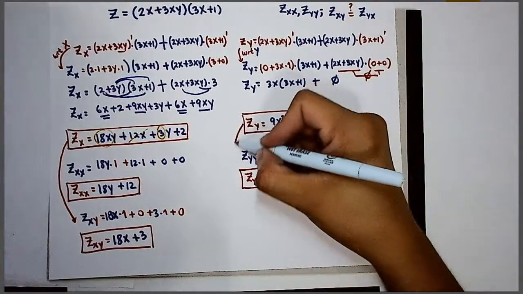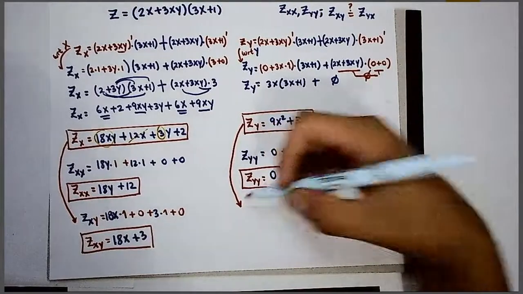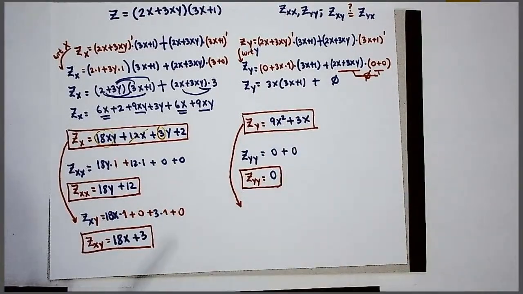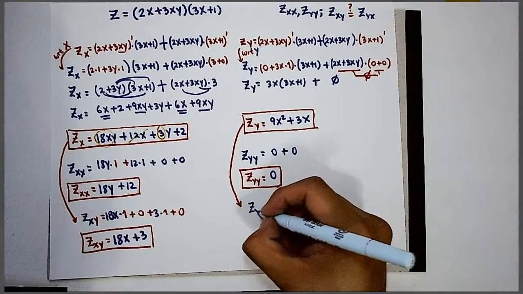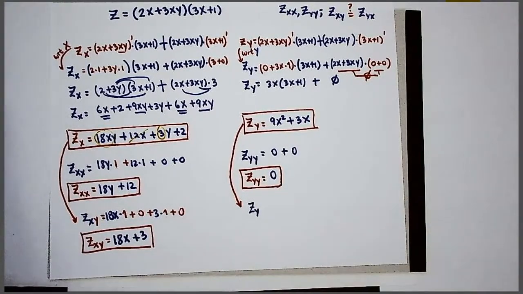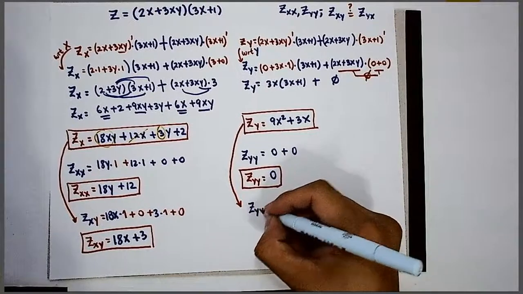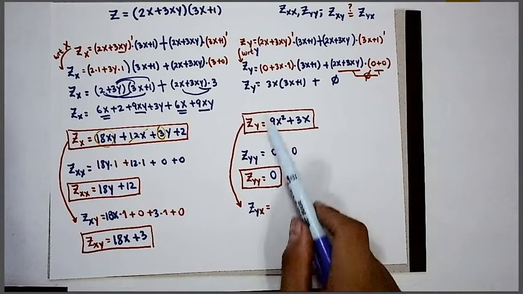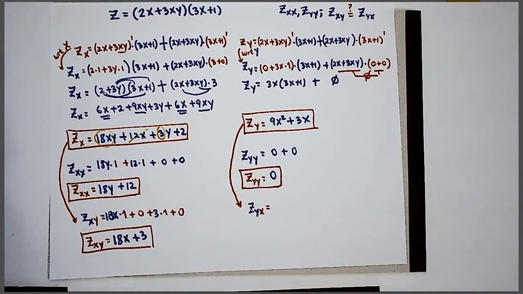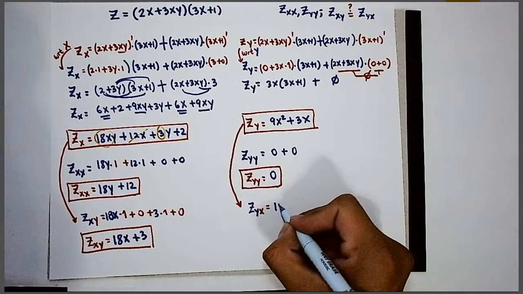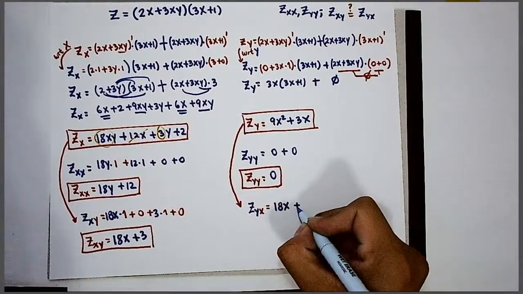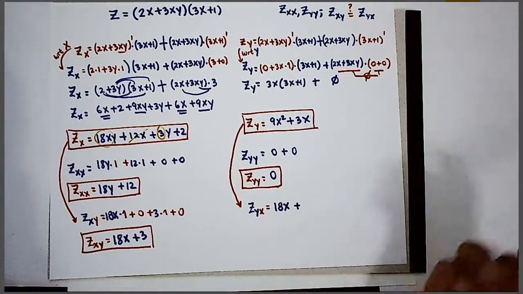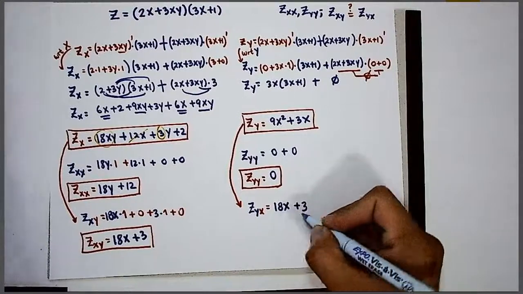And now let's find the cross partial derivative in which we first took the derivative with respect to y. So now we need to take the derivative with respect to x. Here the derivative of 9x squared is simply 18x, plus the derivative of 3x with respect to x is 3.